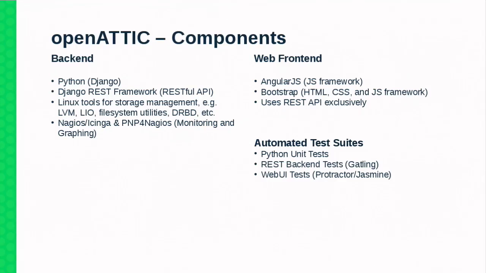It also gives us an easier chance to capture the attention of other developers. Python by now is very well known. You get lots of developers, and the learning curve isn't as steep as for other programming languages. So the Django application basically has the logic and the business intelligence designed in it, and it then uses the traditional tools that you would usually use on the command line to perform the duty at hand, like, for example, setting up an NFS share.